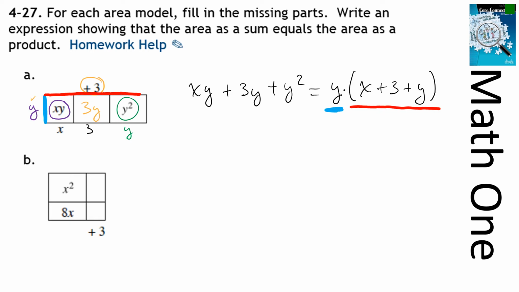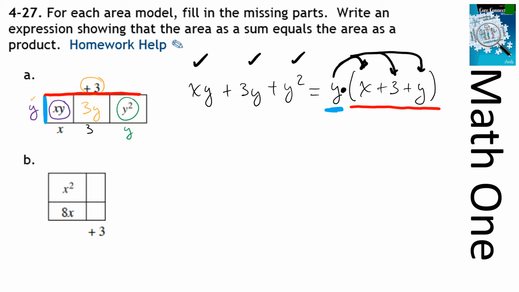Now when I multiply those parts, what do I end up getting? I end up getting xy in the first case. And this is basically the distributive property, right? So I've got the xy, check. You could say yx too, it's the same. And then I've got a 3y, or y times 3, check. And then the last one, y times y, is y squared. You see that? That's check.